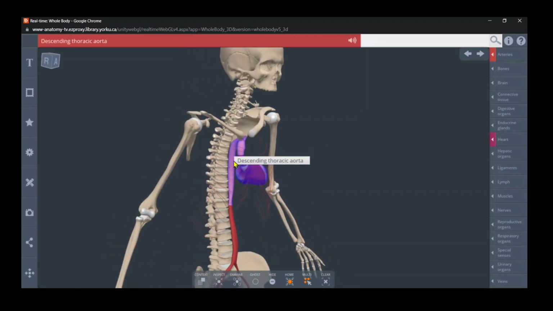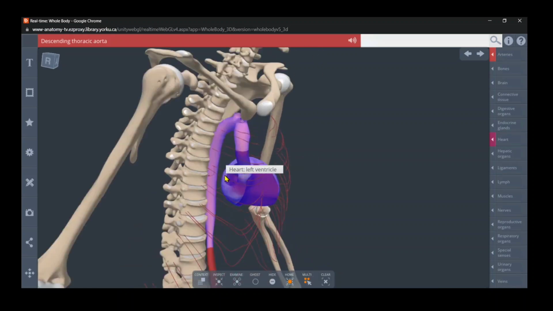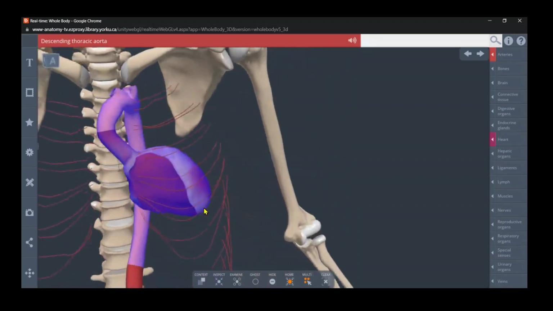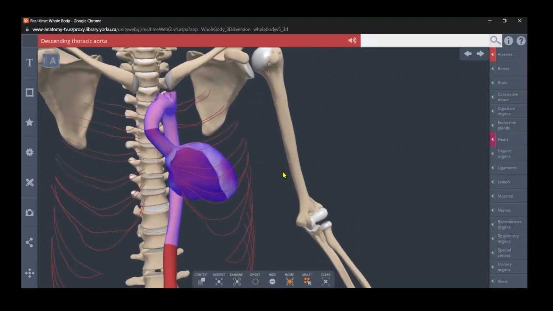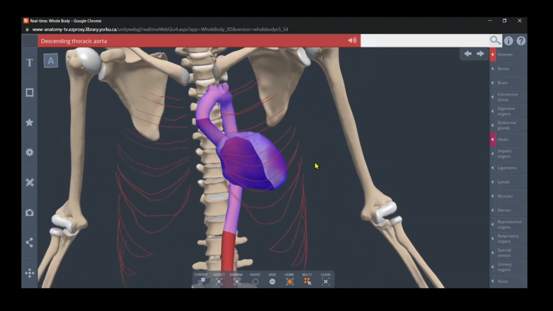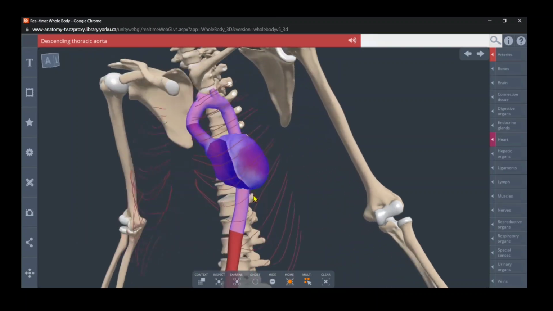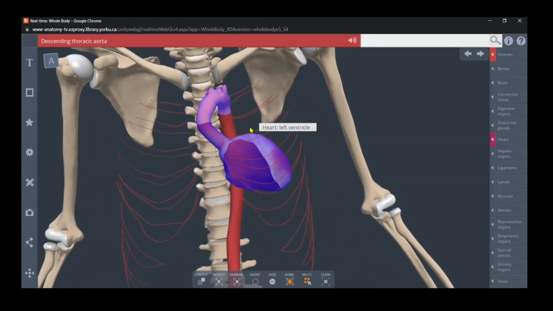What happens with the descending thoracic aorta, right? On the descending thoracic, well, you have a couple of branches. You have the visceral and parietal arterial branches, okay? And you also have these actual intercostal branches, all right? You can't see them connecting because I removed them, but they are actually connecting to the descending thoracic aorta.